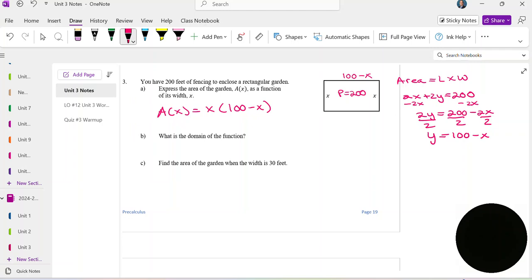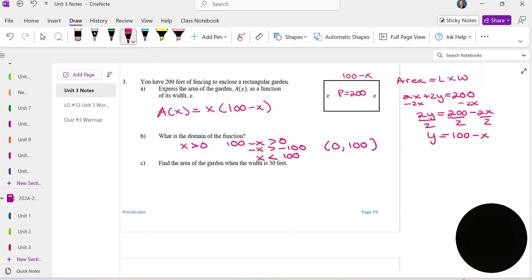That's the function. The domain, well, I know x has to be greater than 0. And I know 100 minus x has to be greater than 0. So if I solve this one, I get negative x is greater than negative 100. I get x is less than 100. So it's between 0 and 100. That is your domain.